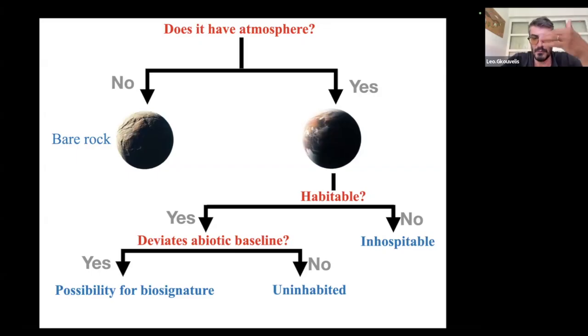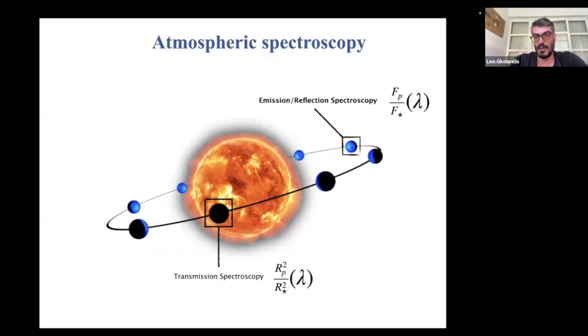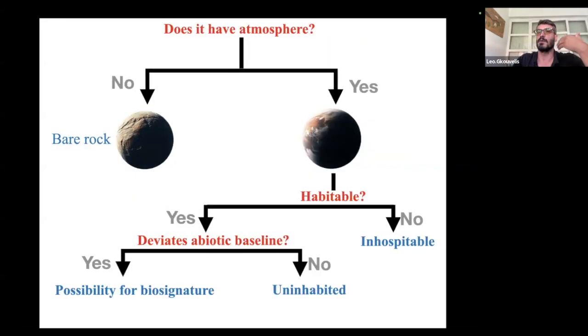If yes, you might start chatting about, okay, maybe this planet is interesting. If no, okay, it can be habitable but uninhabited. Now, where the community is at this point, we are very far away to talk about habitability or biosignatures, actually. But where we are, it's in the first question.